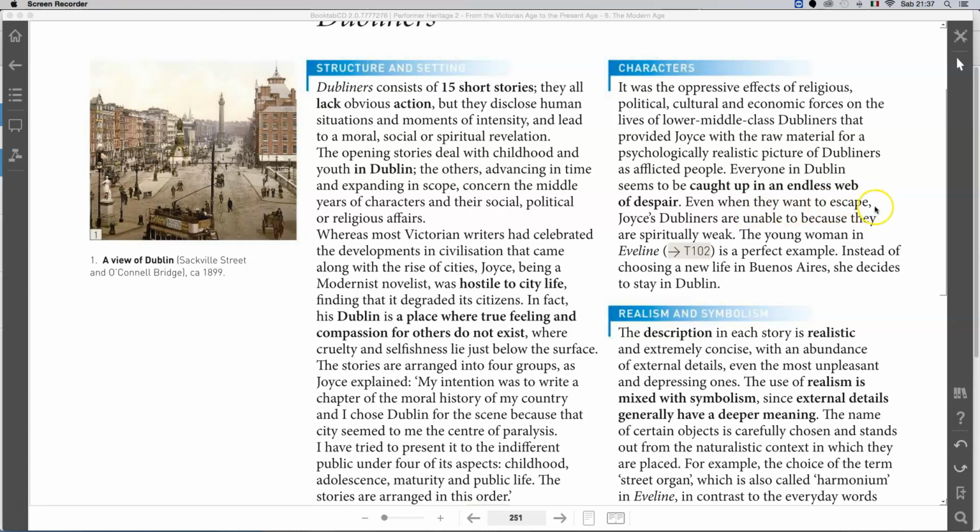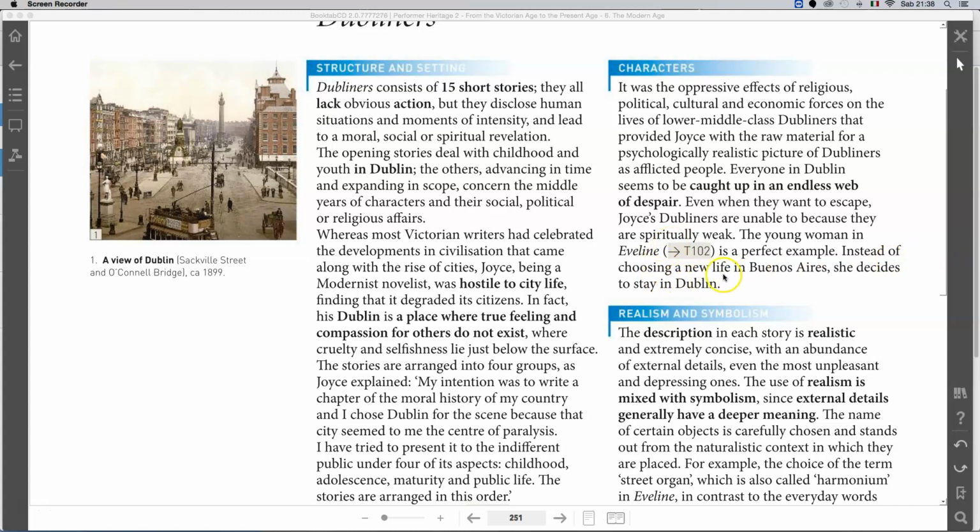Even if they wanted to escape, to go away, like Evelyn, the story of Evelyn, this young woman, is the perfect example. They are unable to escape. This young woman is caught by a paralysis. She's incapable of action, because she's spiritually weak.